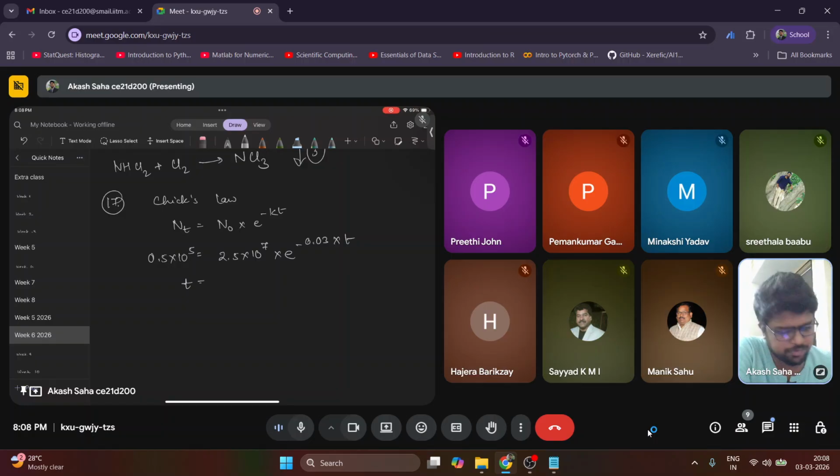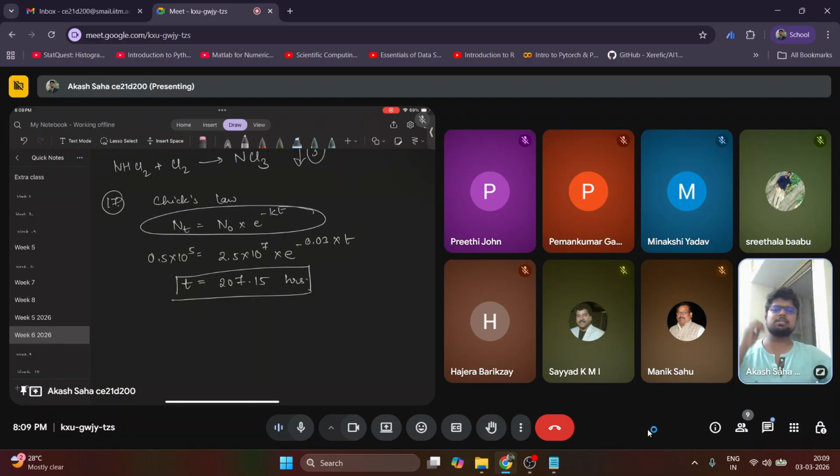So whatever time we get will be in hours. So 207.15 hours. Very easy. So this equation you will use unless some other equation is given; for disinfection, this kind of problem uses Chick's law only.